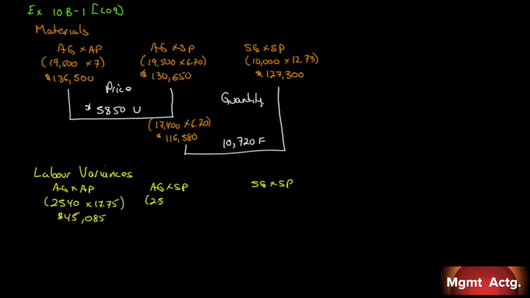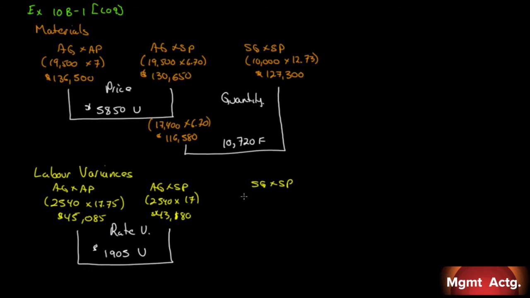Well, 2,540 times our standard price of $17 should have been $43,180. So we have our rate variance, and our rate variance is $1,905 unfavorable. It should have been 43,180, came in at 45,085.